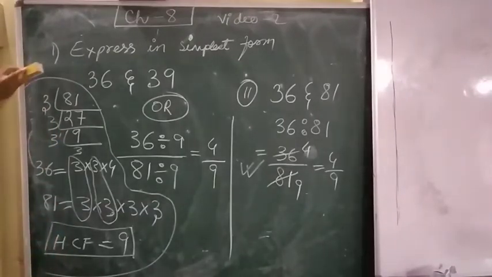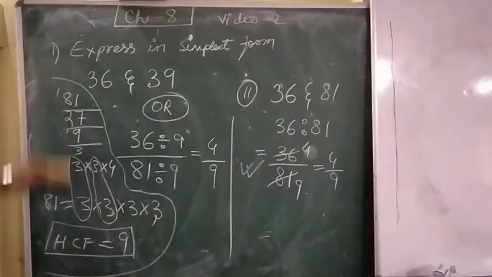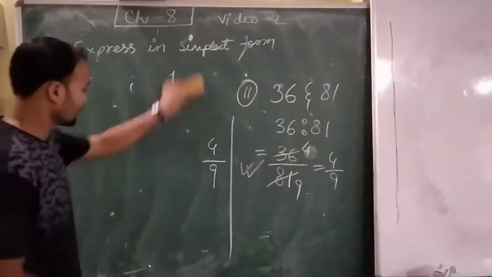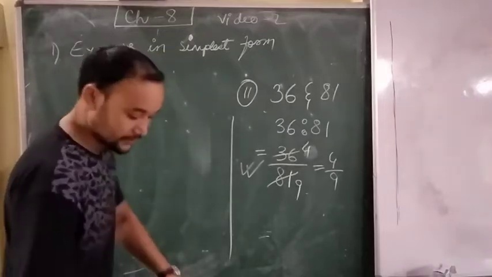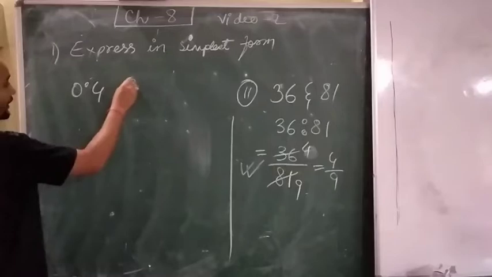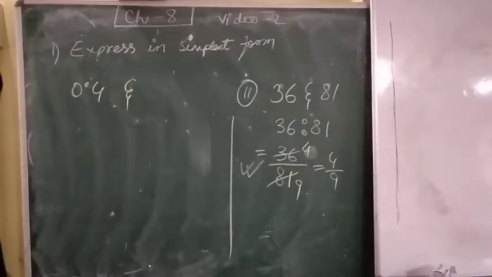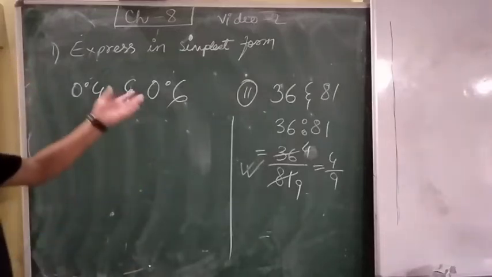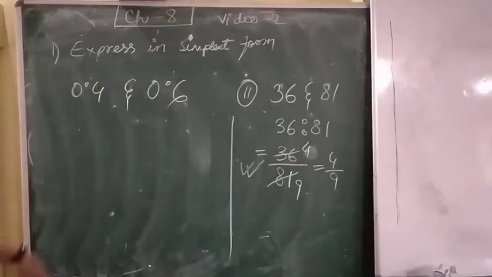Actually, now see, in case of decimal, suppose I am having two decimals like 0.4 and 0.6. We have to express this in simplest form. How are we expressing this?